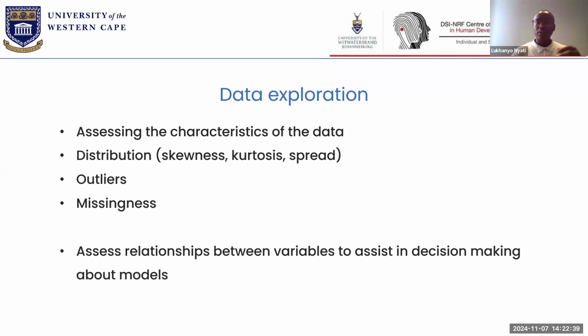By simply running a pairwise correlation, you'll be able to assess whether any of your independent variables or your exposure variables are related, and that helps you to make decisions about how you approach your analysis. I will show an example of that with some analysis that we did for a particular study.